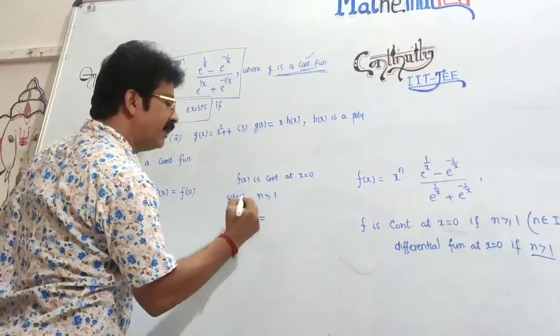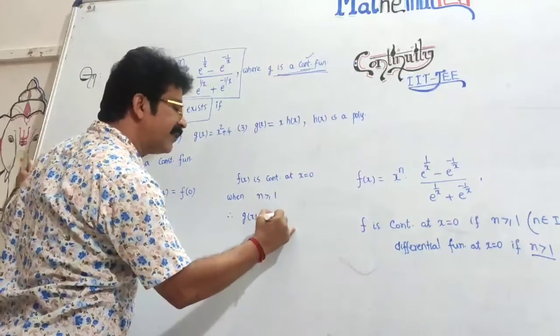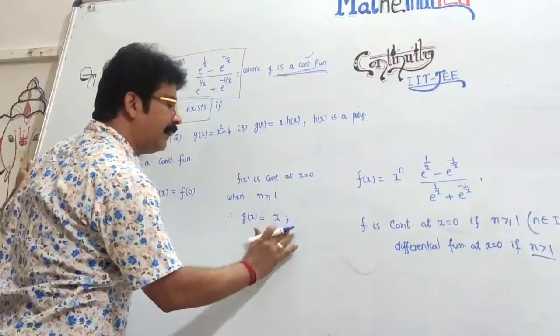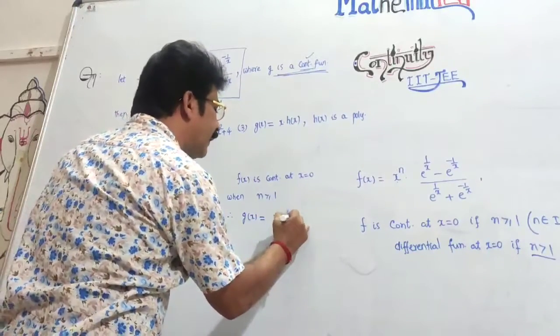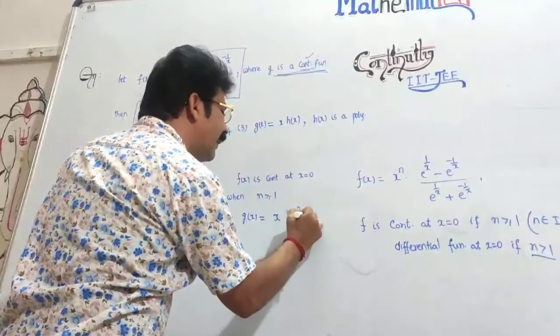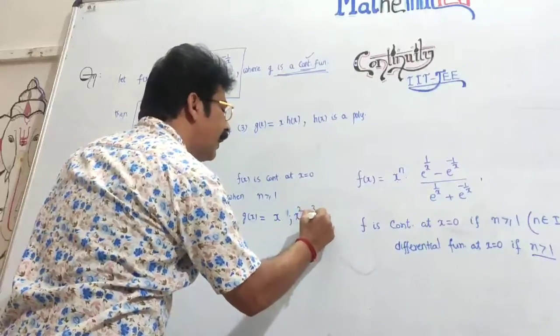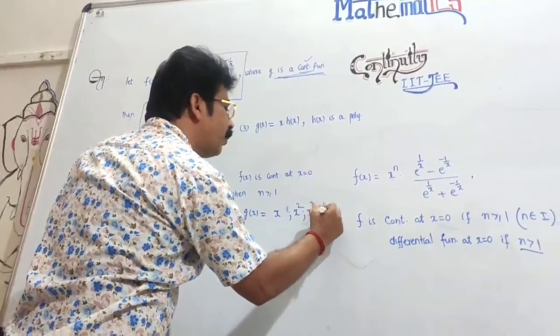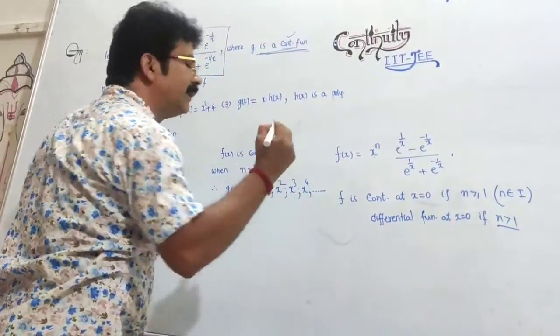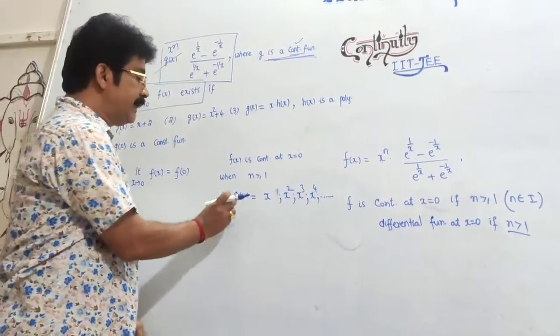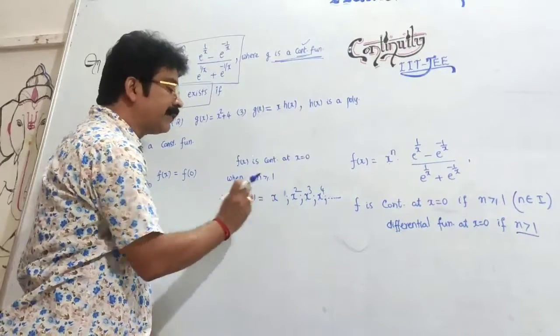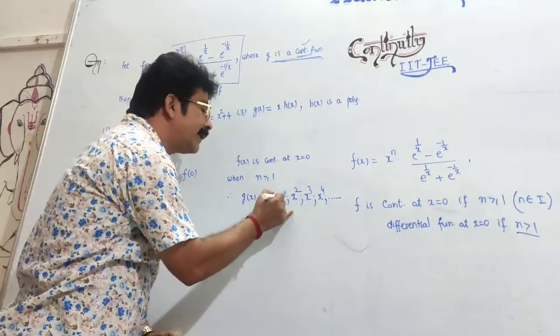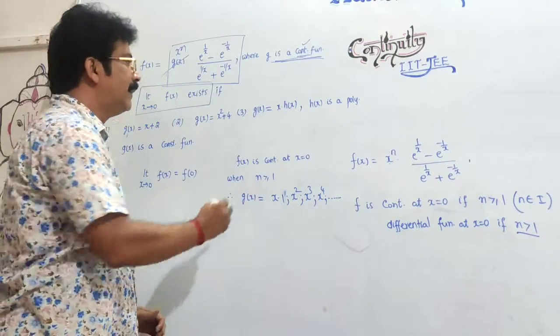So g of x equal to maybe x or x square or x cube or x to the power of 4 and so on. Understand? So if g of x equals x, what does it mean? x into 1.